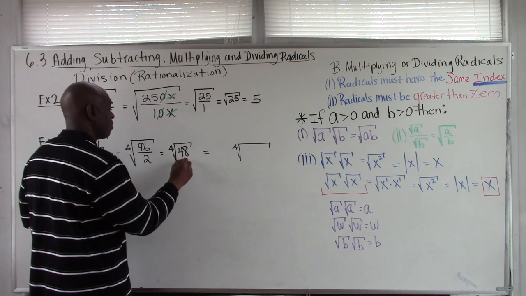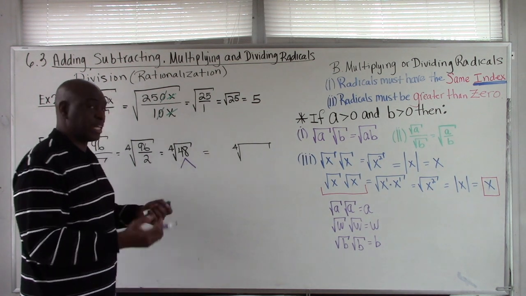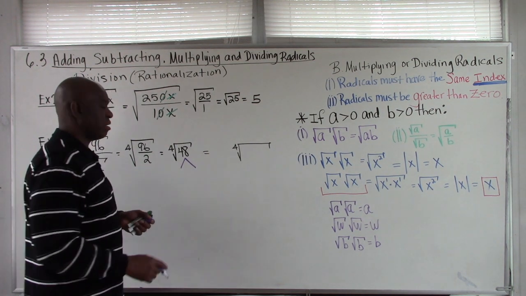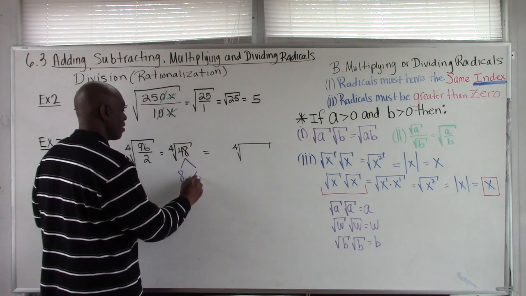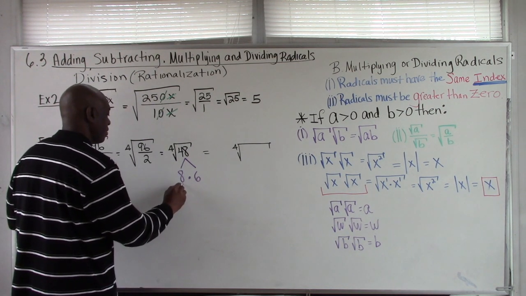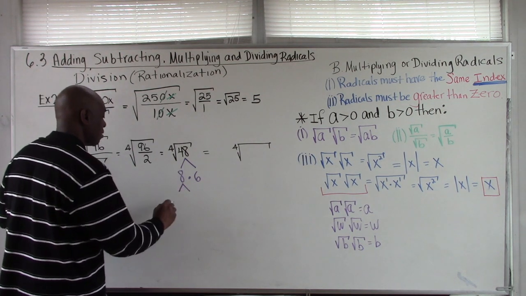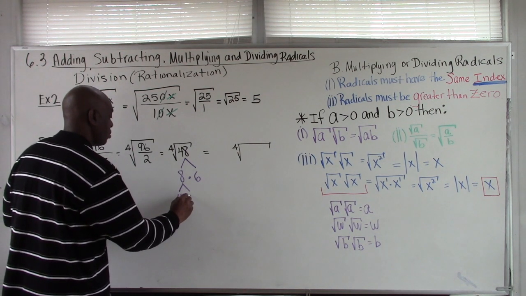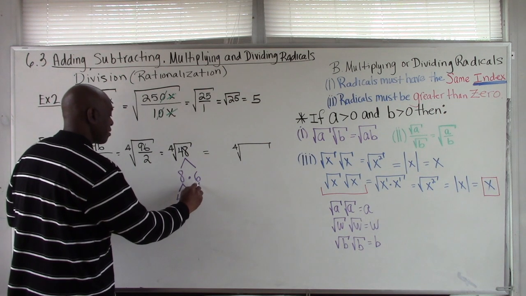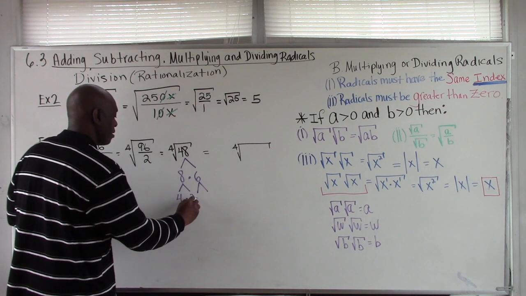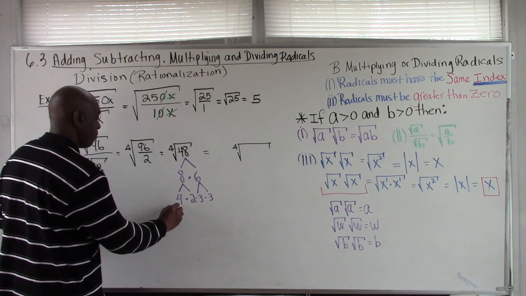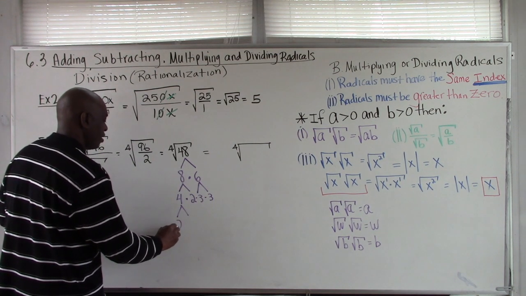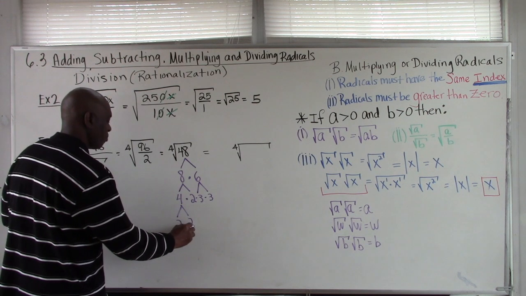What are the factors? Let's break it down to primes. 48 is 8 times 6. And what is 8? 8 is 4 times 2. And what is 6? 6 is 3 times 3. And what is 4? 4 is 2 times 2.